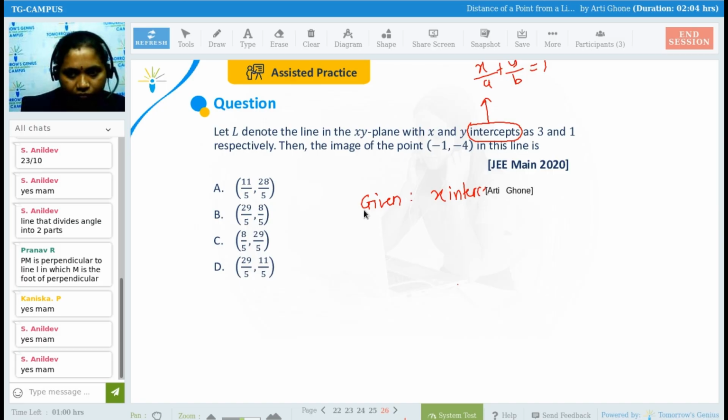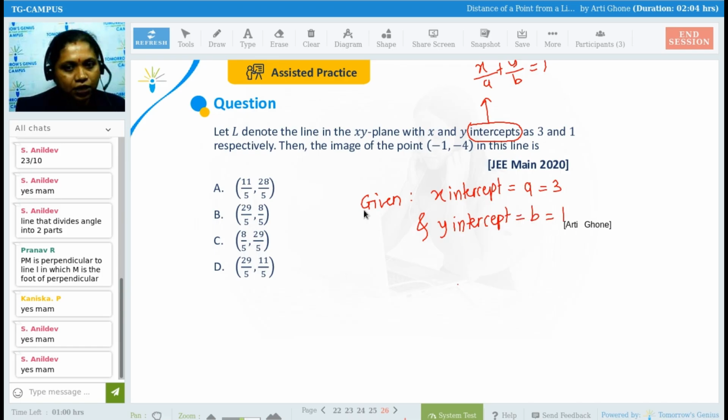So here the given data is clearly x-intercept is equal to a is equal to 3 and y-intercept is equal to b is equal to 1. Clear? Then the image of the point (x1, y1), let's take it, is (minus 1, 4).